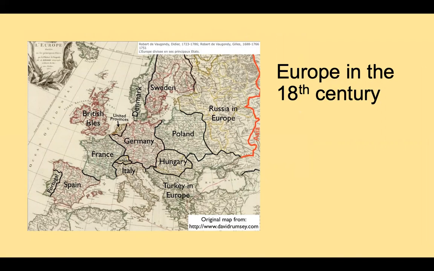So by the 18th century, the process has come to fruition, and Europe as we know it today is essentially the Europe that was in place at that time, with some important differences, but the broad strokes are already here by the 18th century. It's by this point that France and Germany and Italy and other European states have solidified their control within an administrative unit, a territory, and established and projected control throughout that place.